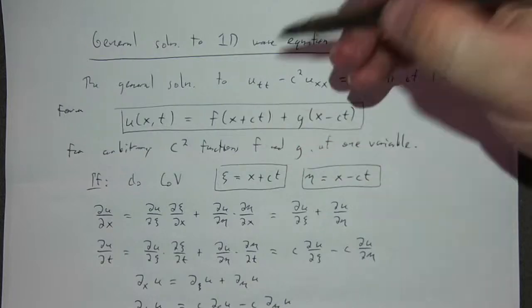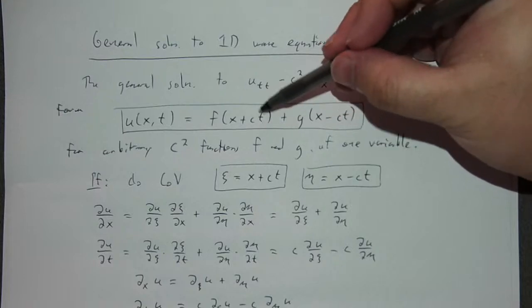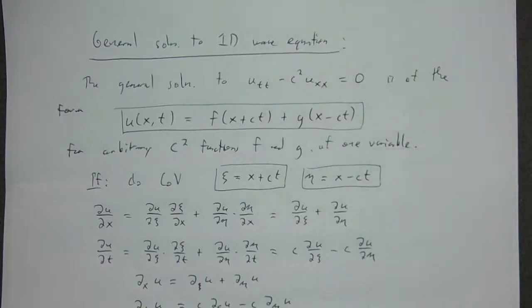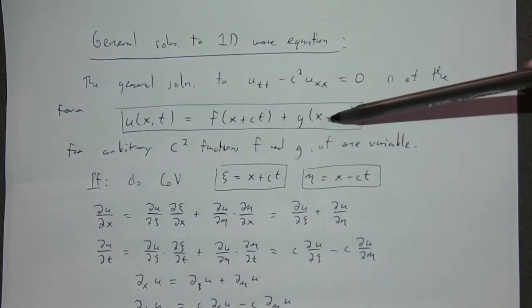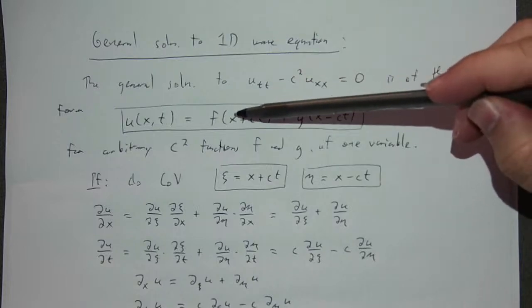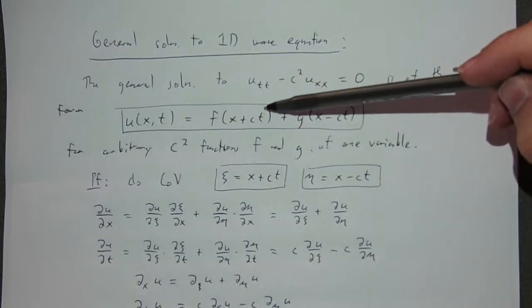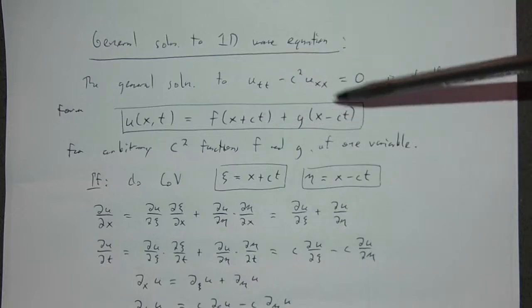So the units of ct are velocity times time. Well, velocity is distance over time, times time. So that should have the dimensions of length. So this has dimensions of length, which is fine because you're adding it to x here or subtracting it from x here. So you have length plus length, that's good. Length minus length, that's good.